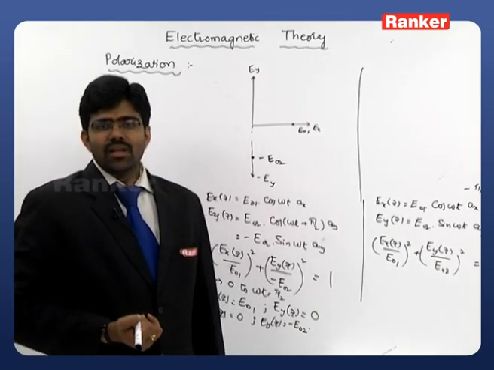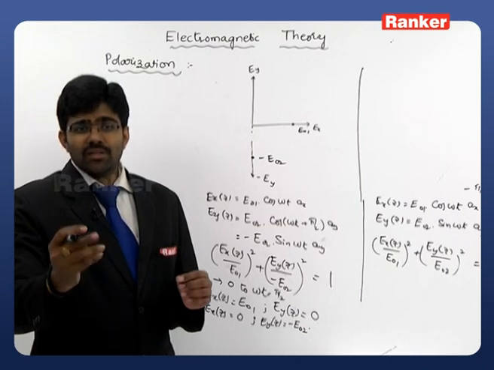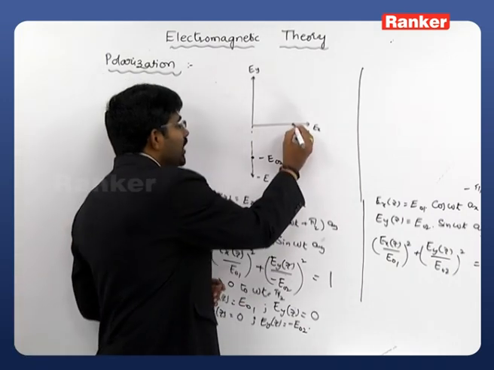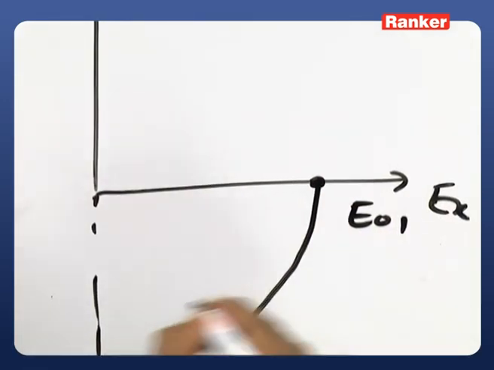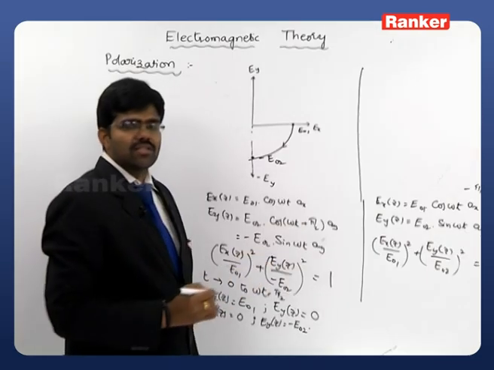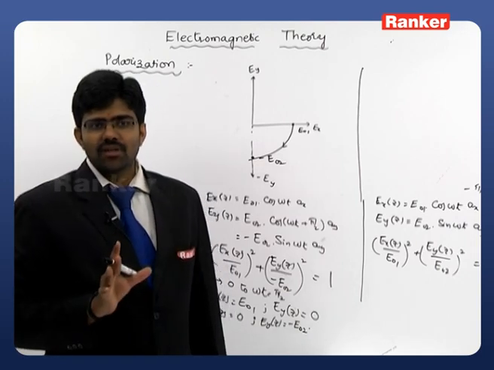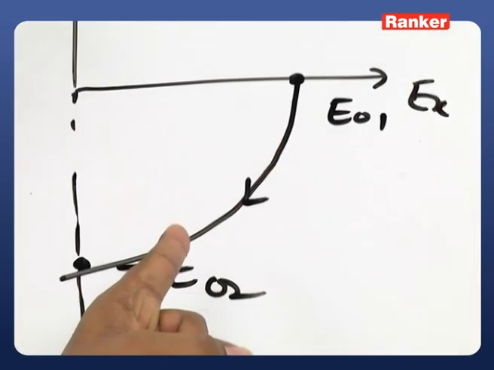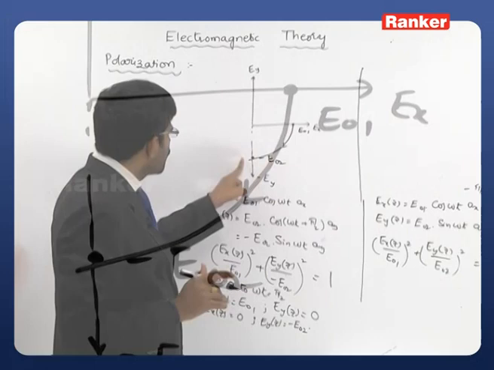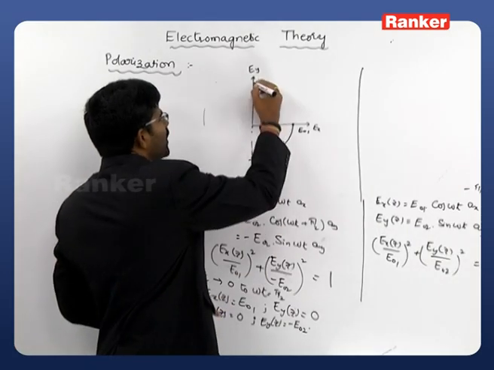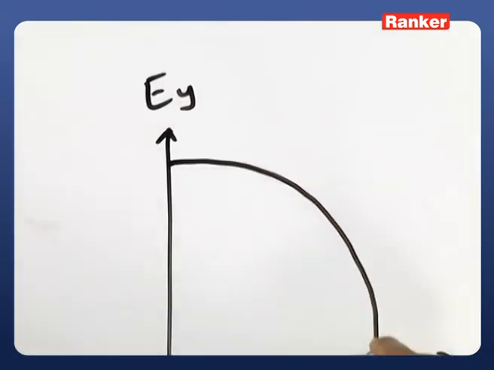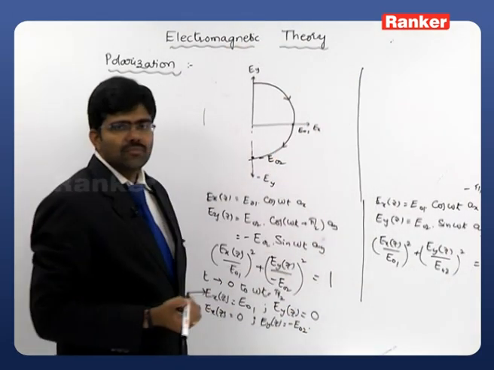So clearly as the time is going on, the vector is moving from x to negative y axis like this with an elliptical shape. Don't take this as a circular shape, it is an elliptical shape, right. So in which direction is it moving? Clearly from x to negative y. So if it is taking a rotation like this, then it is from y to x, right.